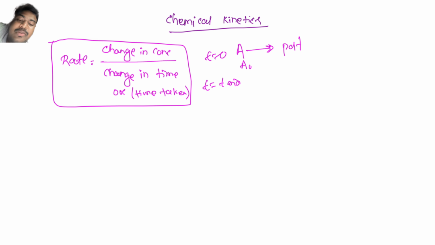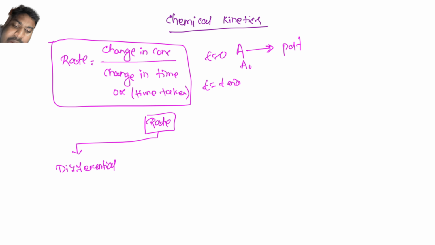Now in the kinetics chapter, two types of rate are generally defined. The first one we generally define through the differential rate law. I'm going to the next page, where I will explain this one.